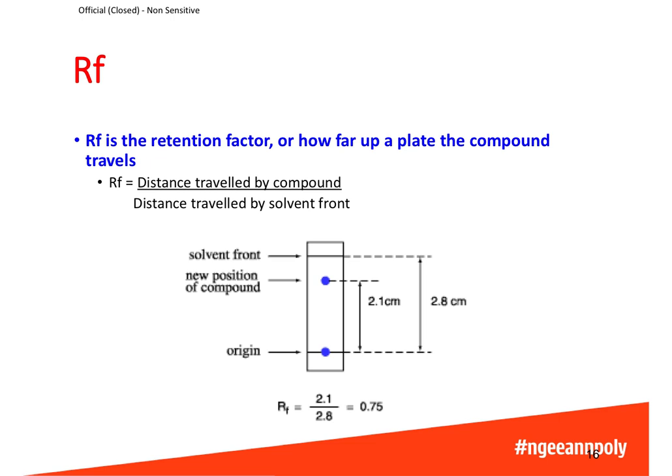Let's compare this to the distance traveled by the solvent front. The solvent has traveled 2.8 centimeters. So the retention factor or RF would be the distance traveled by the compound, which is 2.1 cm, divided by the distance of the solvent front, which is 2.8 cm, and therefore the RF value for this compound is 0.75.